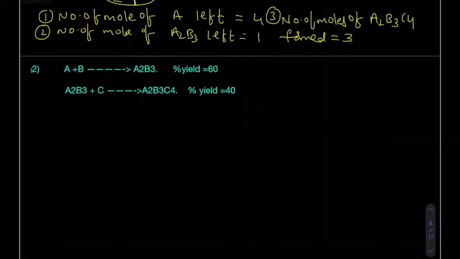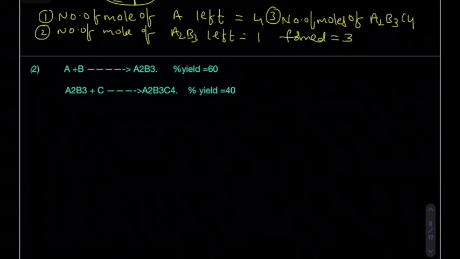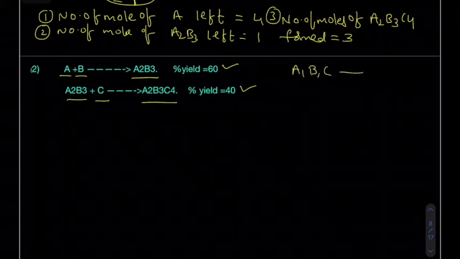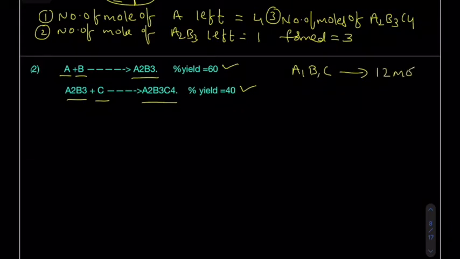Okay. Now in the second problem, A plus B to give A2B3 and A2B3 combines with C to give A2B3C4. Same reaction, but here the information given is percentage of yield. Initially the number of moles of A, B, C reactants is 12 moles each.